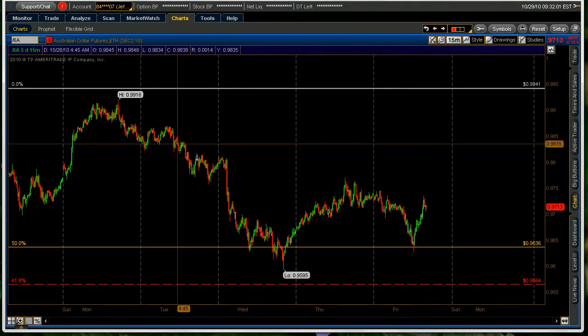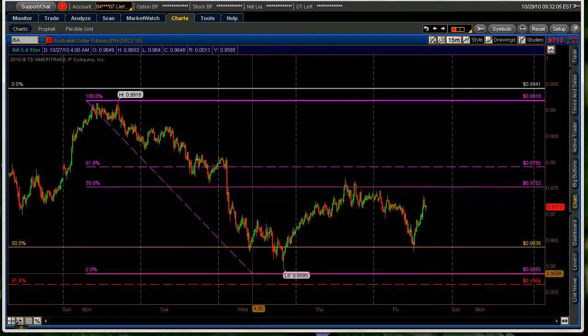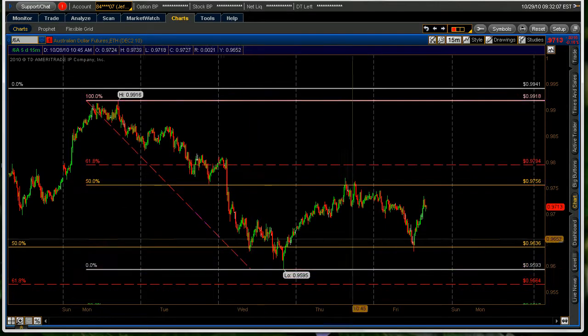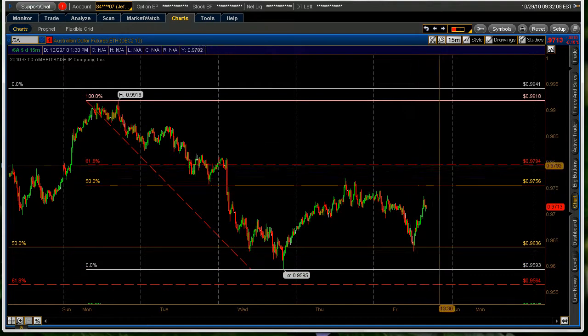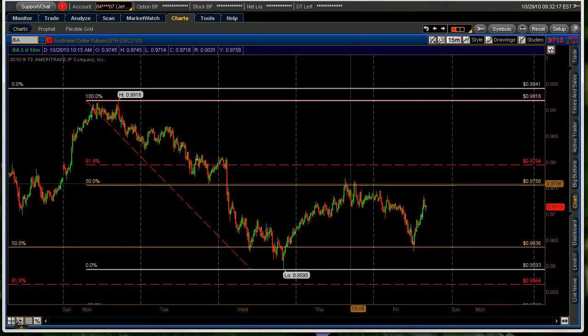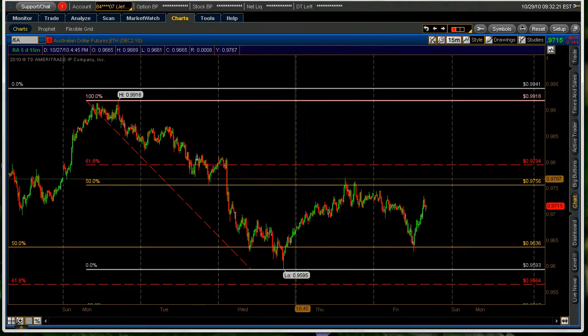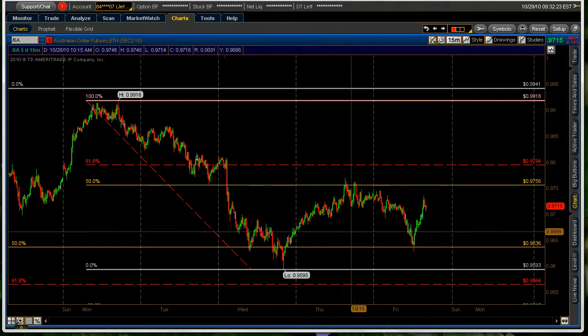If you really wanted to play it conservatively, you can wait until this 61.8% line breaks, which would invalidate the shorts. As you can see, we have two trades going on here on a 15-minute time frame. We have the short setup and we have the long.